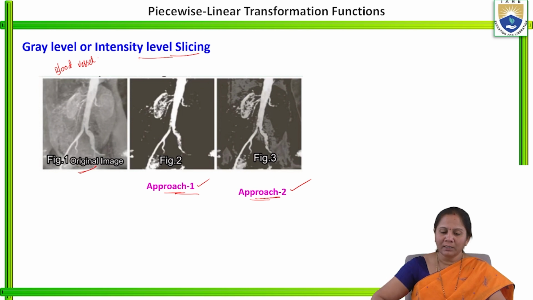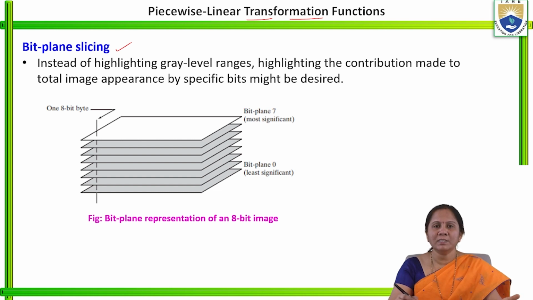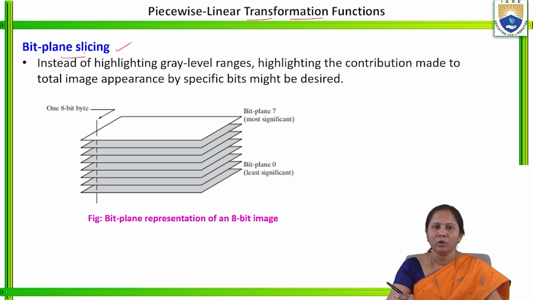And the third transformation function, the third application in this piecewise transformation function, is bit plane slicing. Previously, what we have seen is intensity level slicing. In intensity level slicing, we have highlighted a particular area in an image, whereas in bit plane slicing, not only a particular area, the entire image will be highlighted.